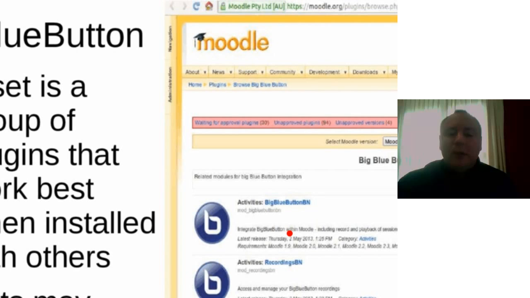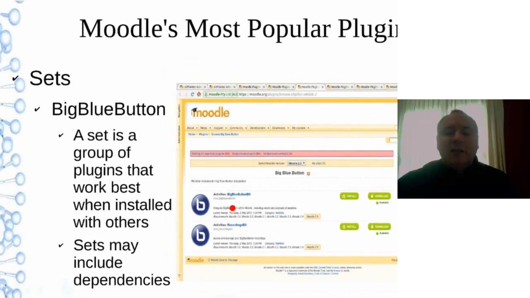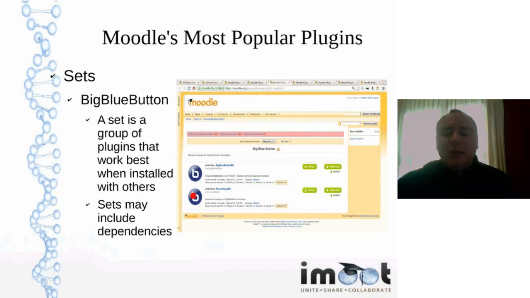And so Big Blue Button is for giving access to the web conferencing tools, and then recording is done through a separate activity. And so usually you want to install all of the plugins that are part of a set, even if they're not dependent. There is the concept of dependencies, and developers are really encouraged, if your code requires another plugin, make sure that you declare that dependency.